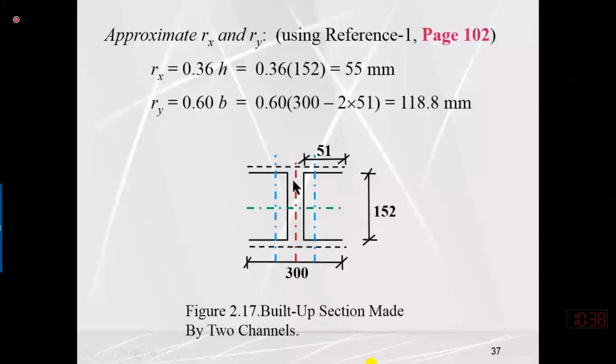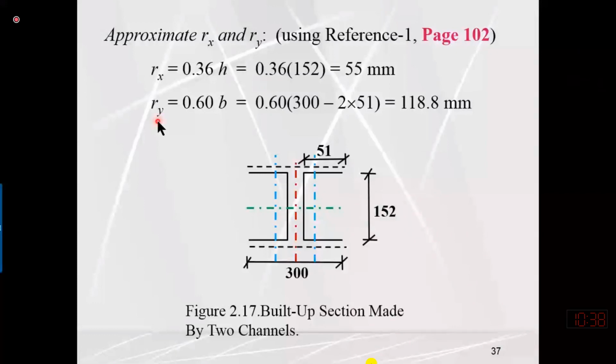So this value is coming out to be 118.8. Okay, here is a very important hint that I'm going to give you. If Rx approximate value, because by approximate I mean I have computed it by using the approximate formula given on page number 102, is less than Ry approximate, it means that Rx actual will also be less than Ry actual.